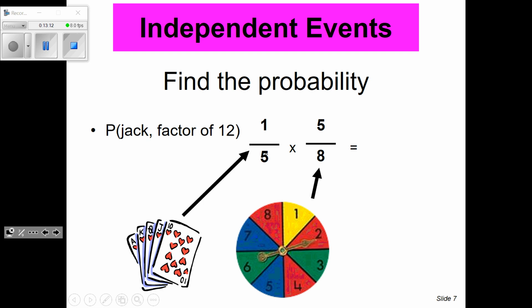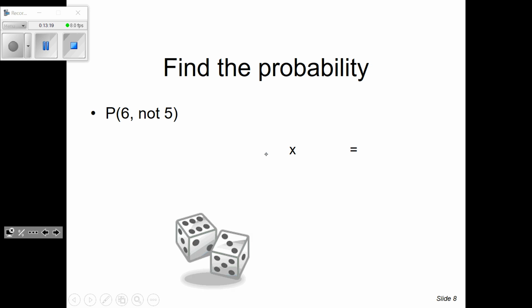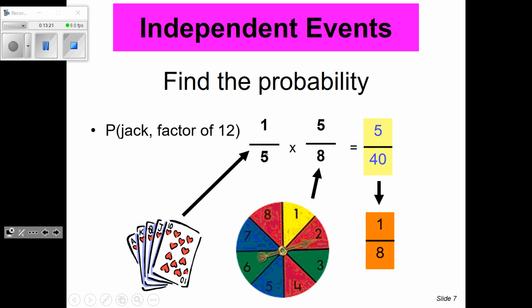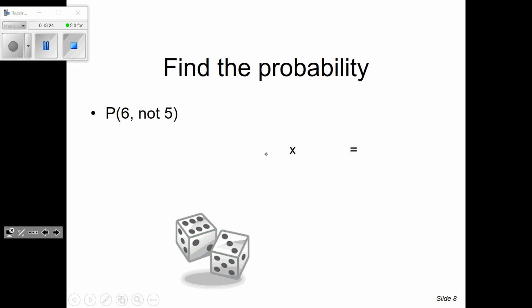We multiply numerators, we get 5, denominators 40, and that 5 over 40 will simplify down to 1/8. Very good. Oops, sorry, I didn't mean to skip it. 1/8. All right, so let's look at our next example.